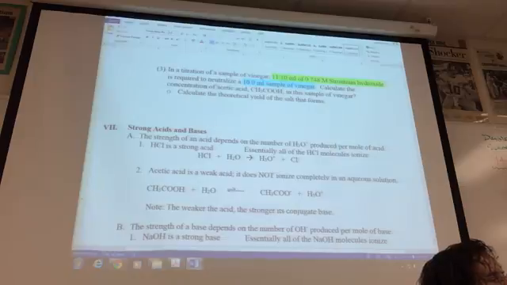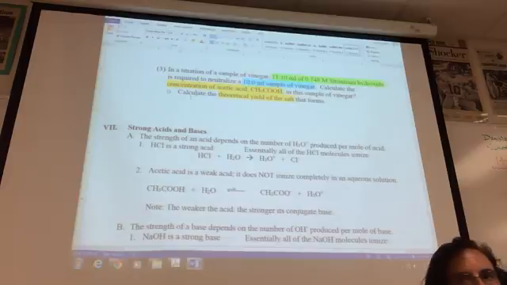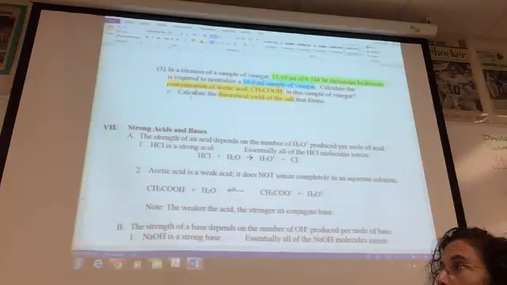We want to calculate the concentration of acetic acid, and I did write the formula for you there, but you should be able to do that. And then we're going to link this back to stoichiometry and calculate the theoretical yield of the salt. So let's take a look at how we're going to set this one up, and then we'll have some practice for you to do.